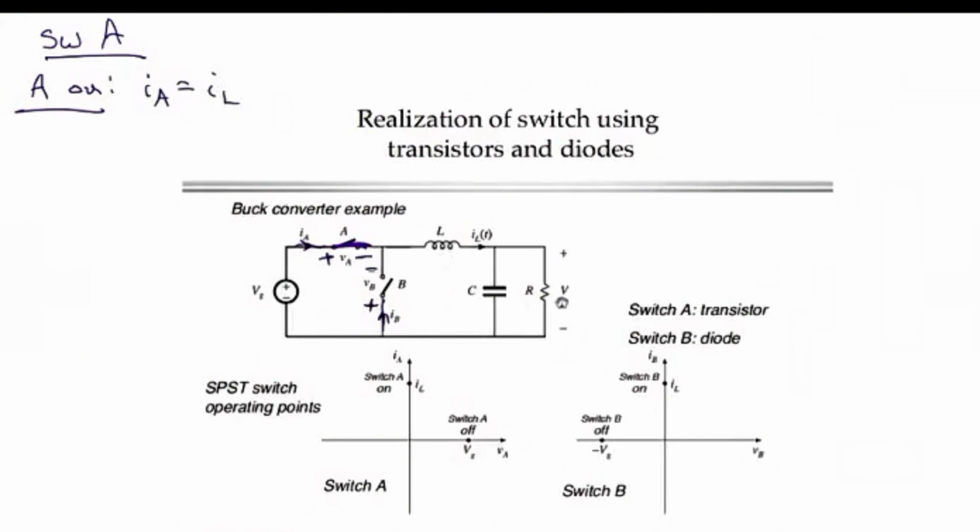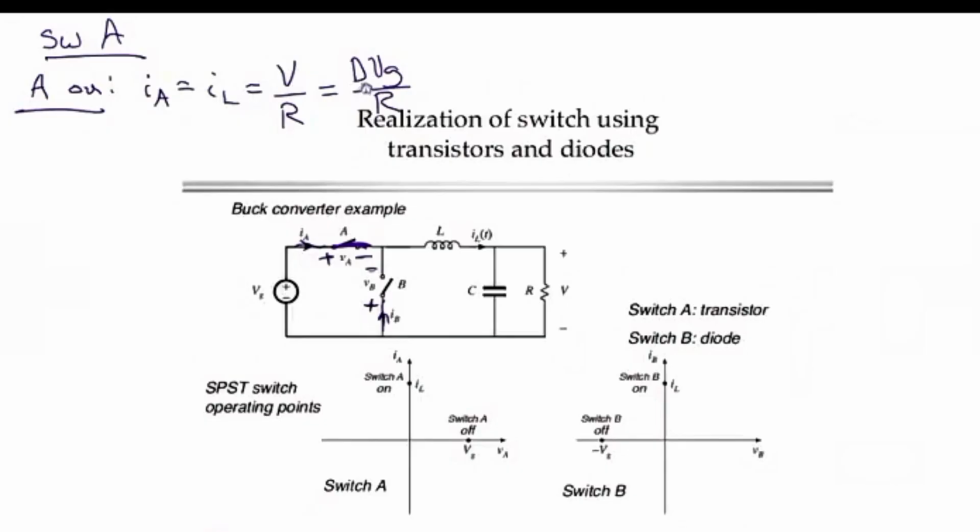So we have inductor current IL equals V over R, which is the load current, and V is D times Vg. So we have D Vg over R, and it is the current that the switch has to conduct.